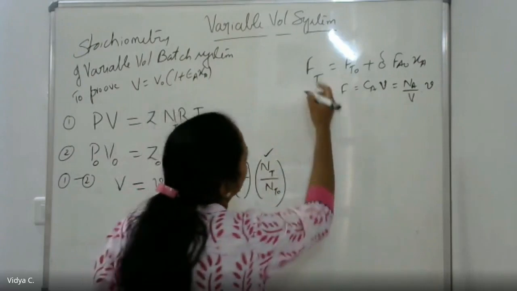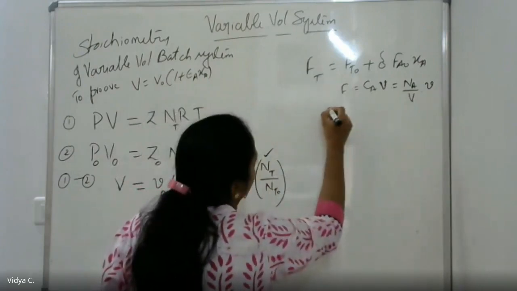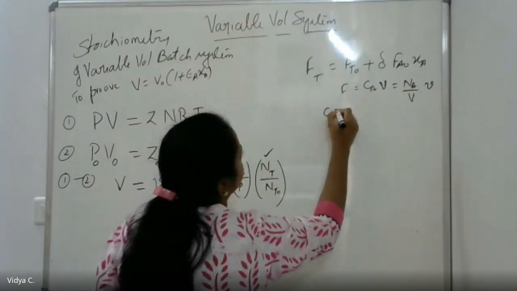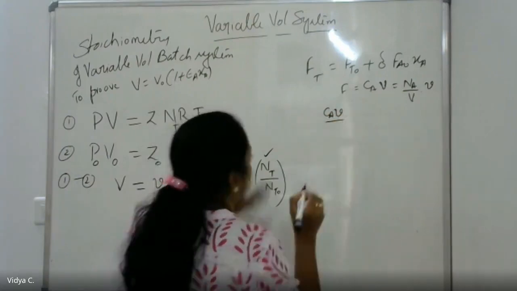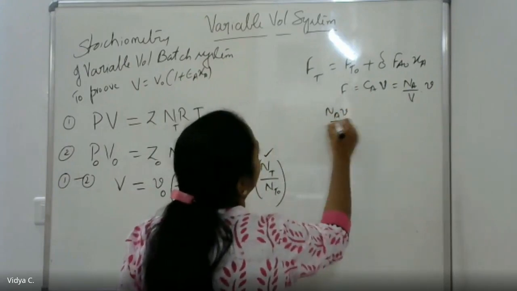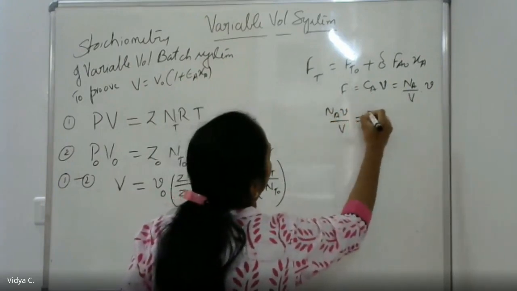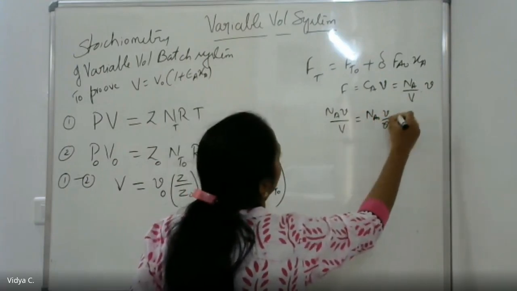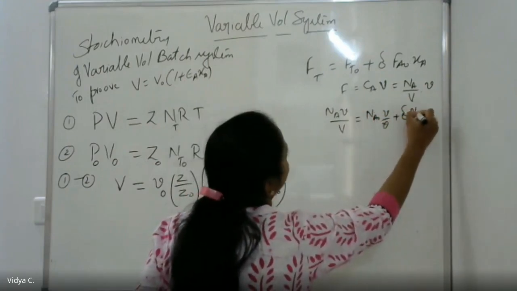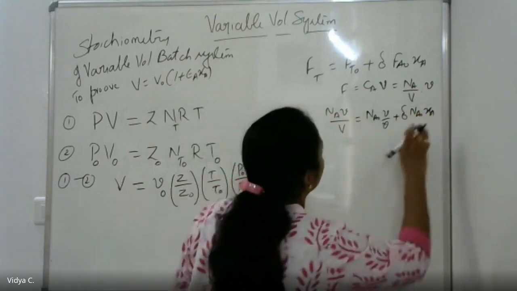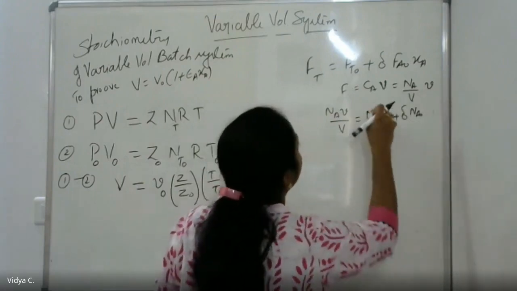So what I'll now do, I'll replace these terms here. NA by V into V, NA into V by V is equal to NA naught into V by V plus delta into NA naught into V by V into XA.